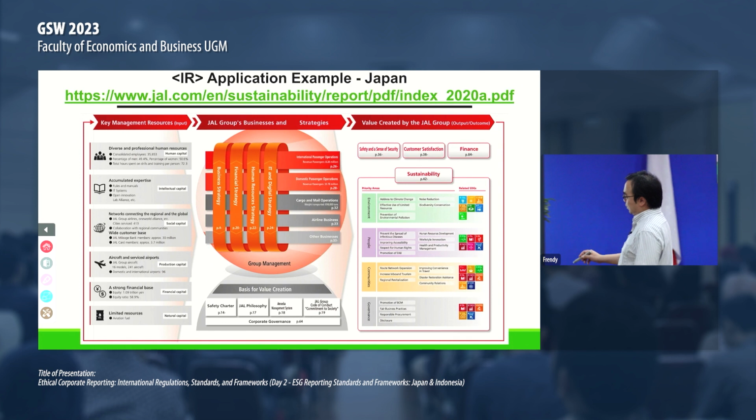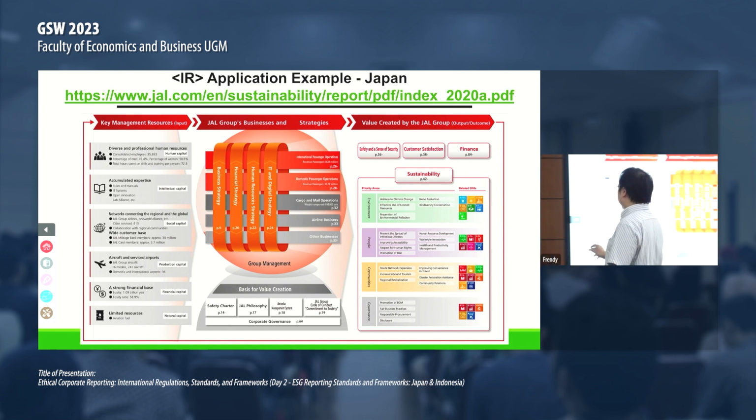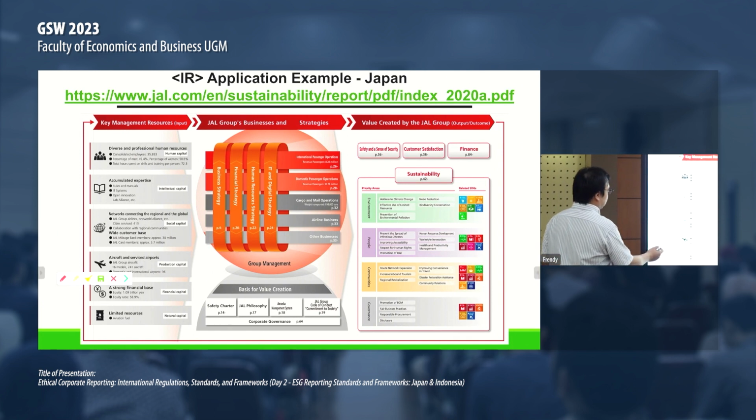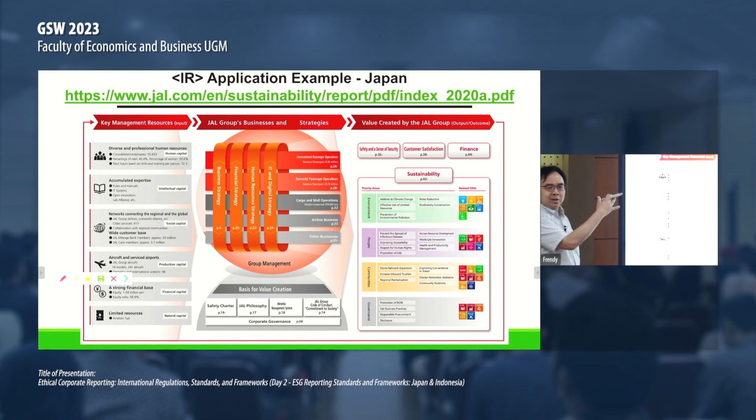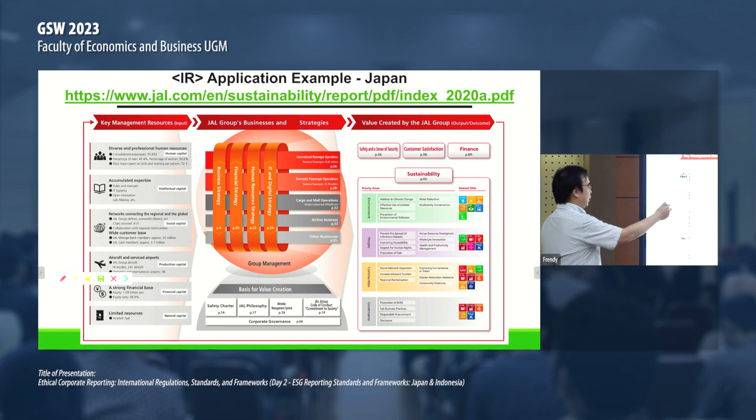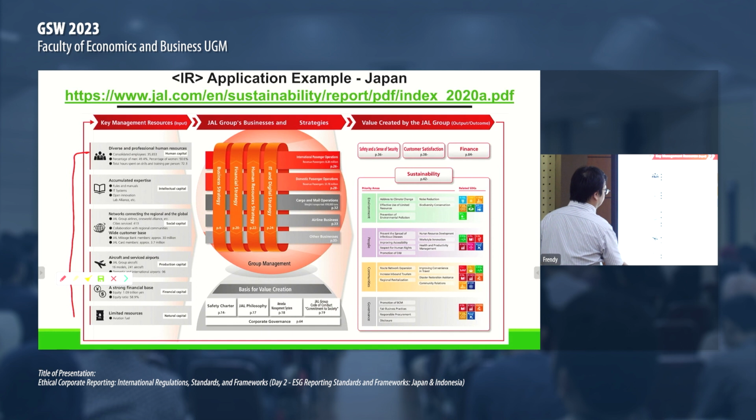And let's explore the parts here. So here, again, it consists of 3 groups. Here on the left, these are all the resources that are owned by the companies.